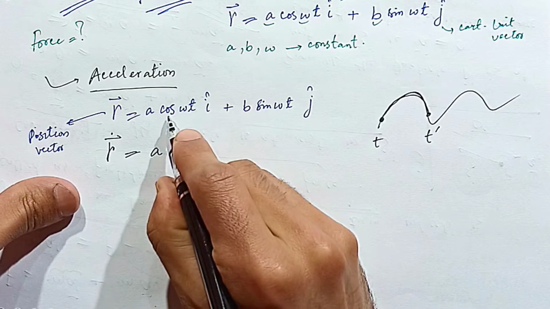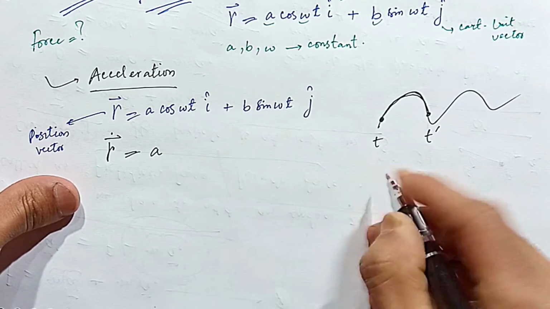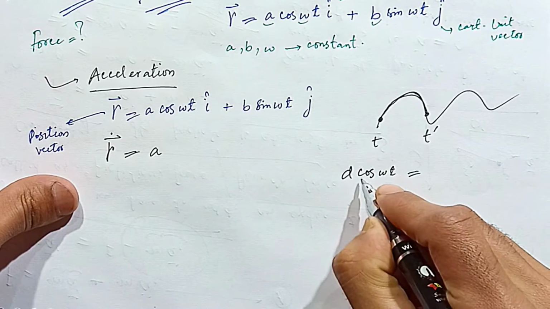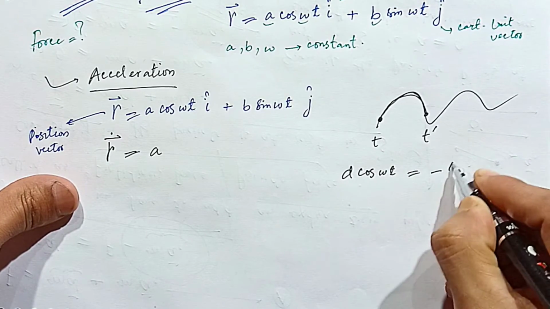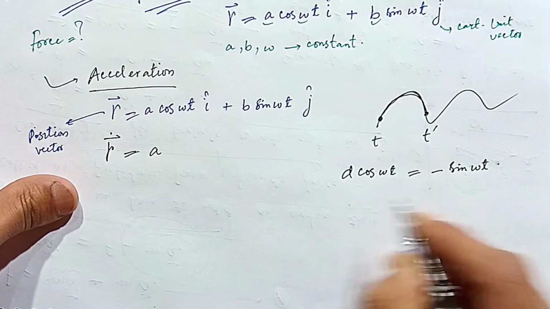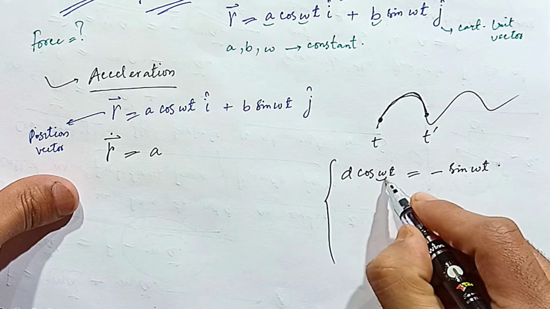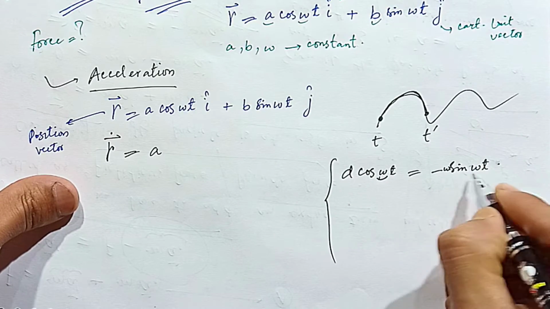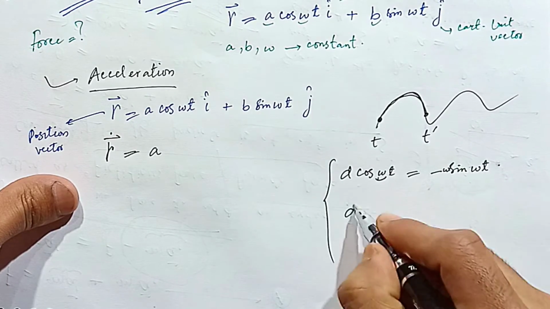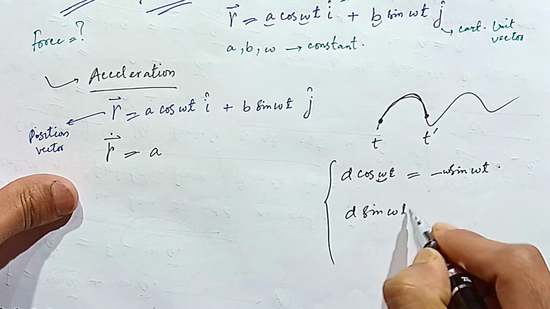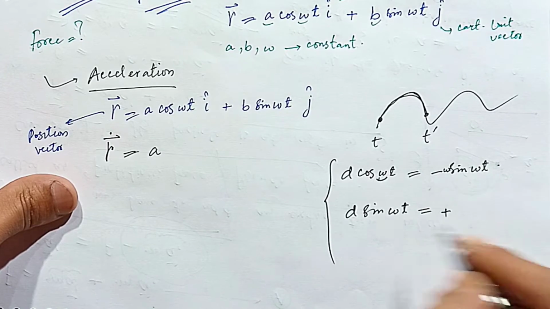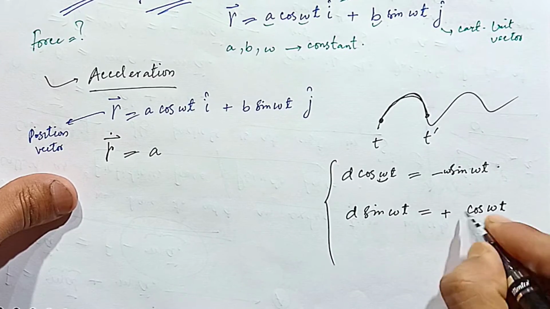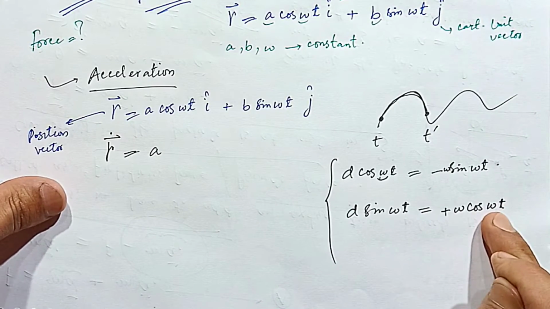The differentiation of cosine of omega t is minus sine omega t, with an extra factor omega coming out, and the differentiation of sine omega t is plus cosine of omega t, with an extra factor omega coming out.